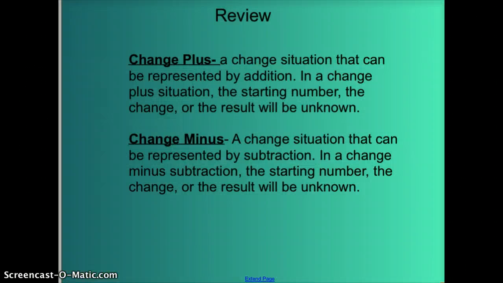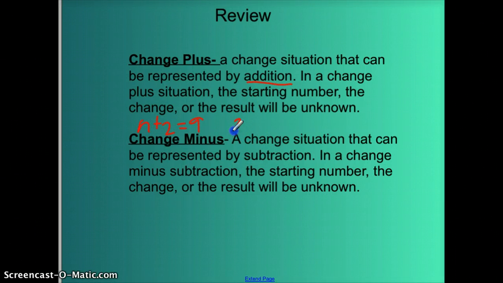Alright, to review, yesterday we looked at change plus and change minus problems. Change plus is a situation that can be represented by addition. In the change plus, the starting number, the change, or the result will be unknown. So if I have n plus 2 equals 9, that would be my starting number that is unknown.